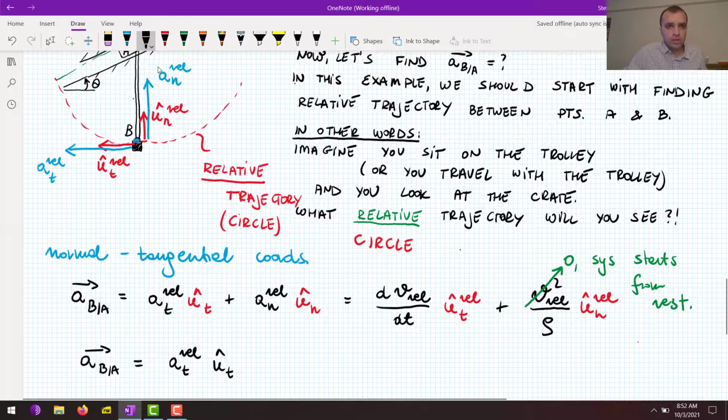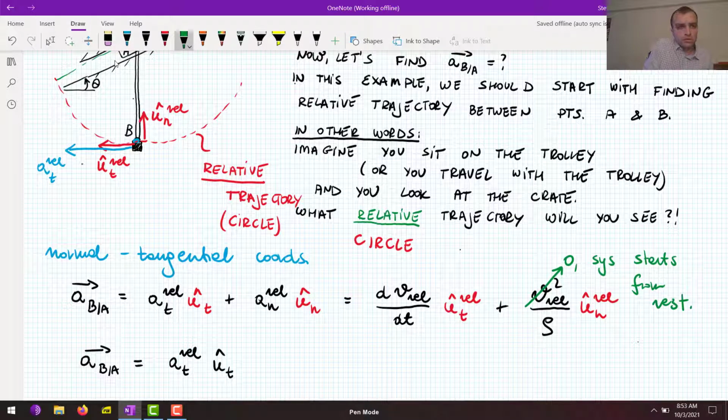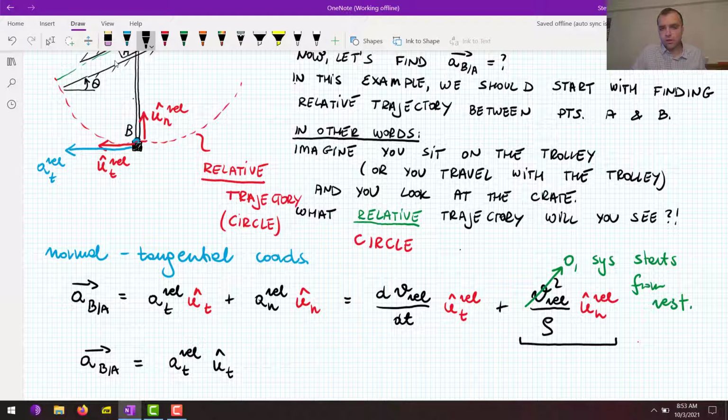In other words, we can erase this vector. Our A_B/A has only this one component. Great. All of that abstract thinking process is to realize that this component is 0. We spent 6 minutes of this video just to realize that one of the components of our A_B/A is 0. But now we are able to actually find it.